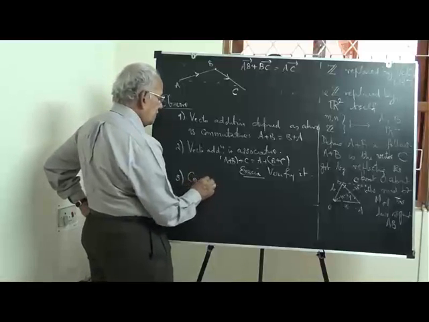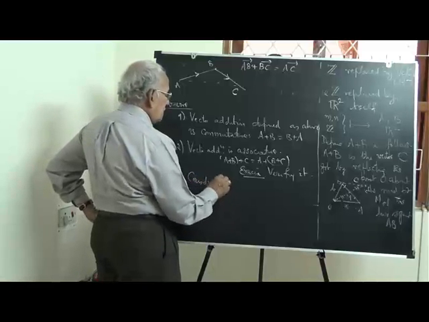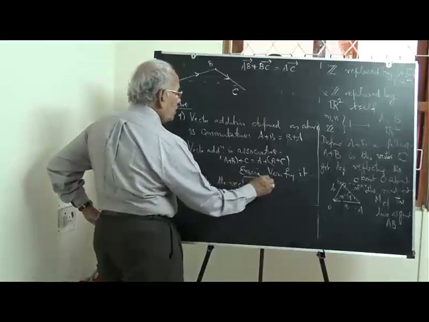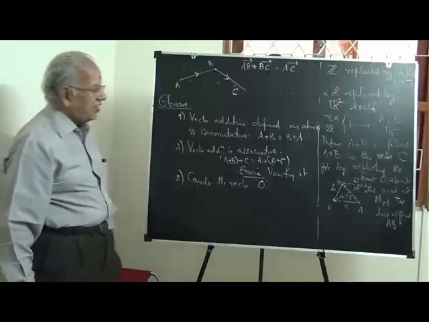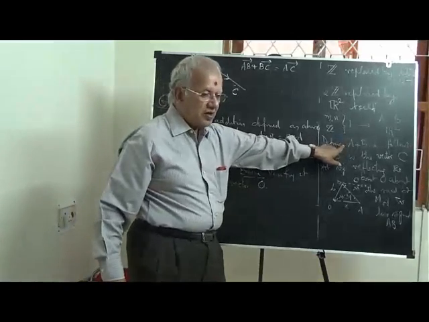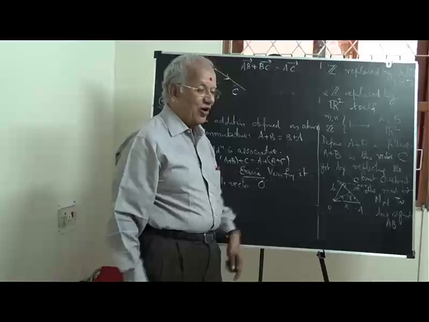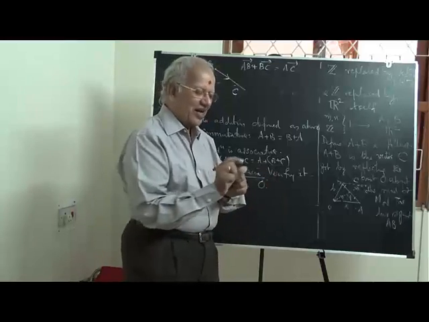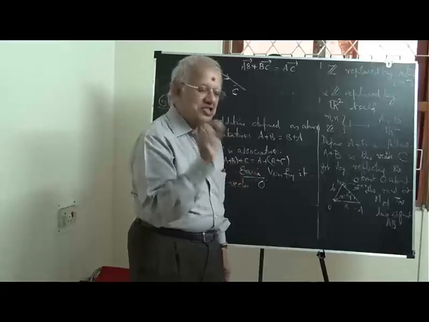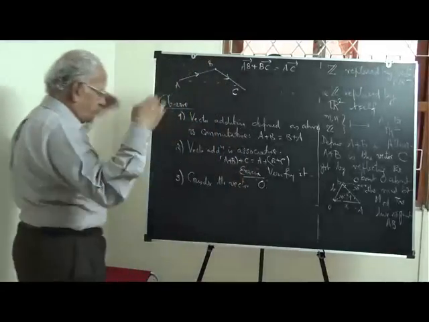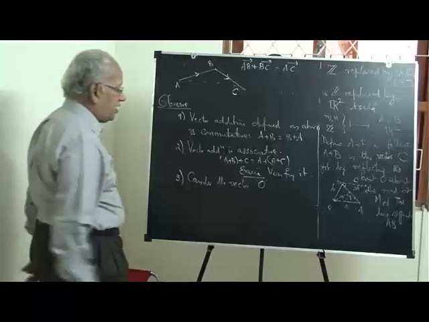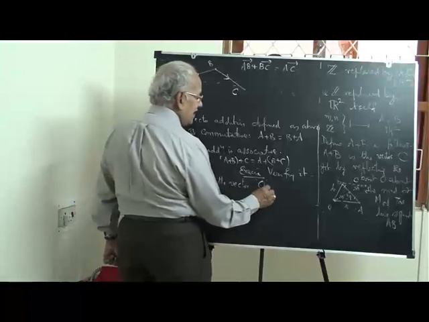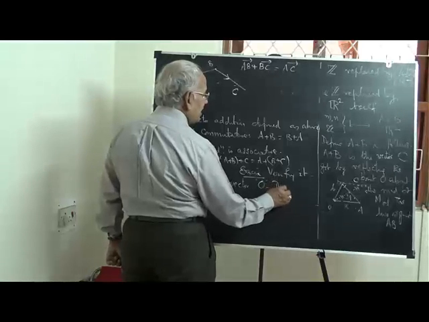Consider the vector O. When I say the vector A, what is that vector? OA. So if we call it vector O, it should be OO, the directed line segment joining O to O. So it's just a point. So it is a degenerate line segment. Now this is a translation.